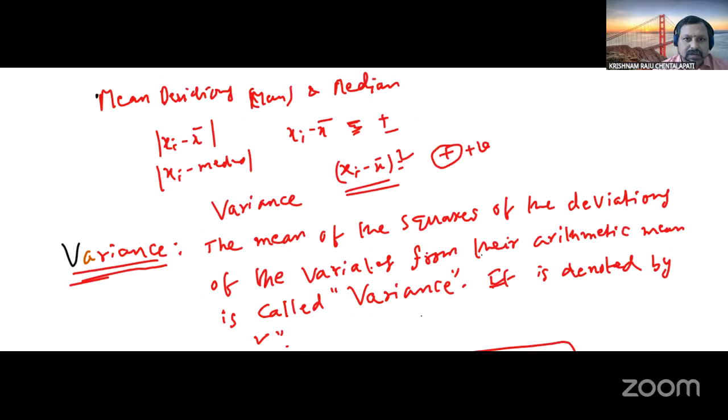Then these deviations are either plus or minus, and all values may get zero. To overcome that possibility, they came up with a new idea, that is variance. In variance, you find the deviation by squaring xi minus x bar. When you square it, you always get a non-negative number.